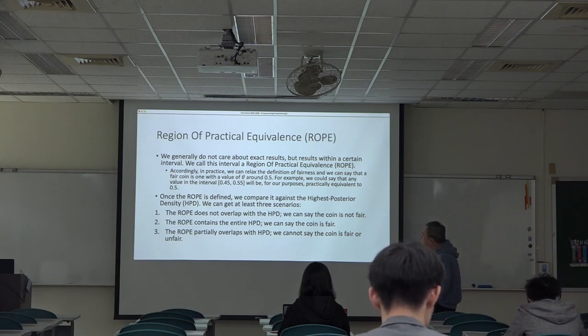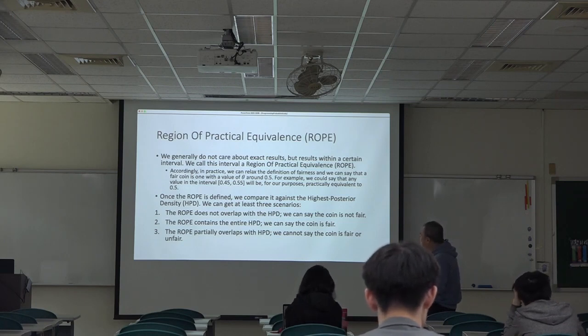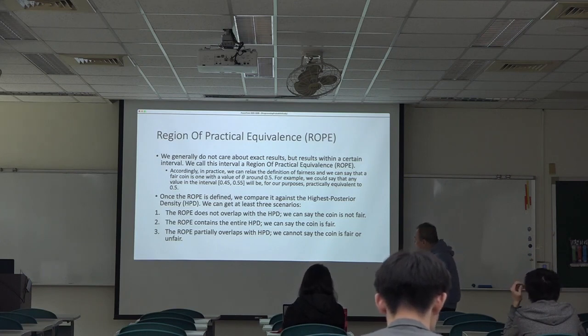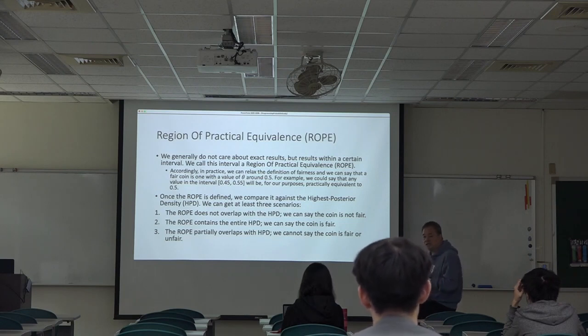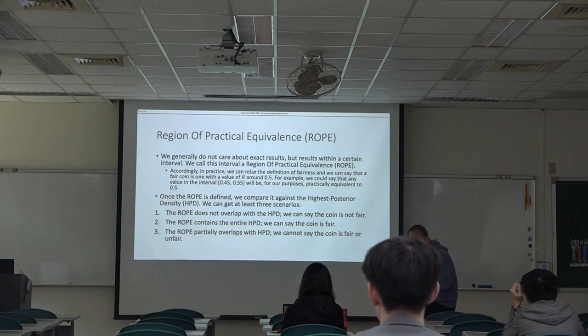We generally do not care about the exact results, but the results within a certain interval. For example, take the fair coin. Previously I said the fair coin has to have theta equal to 0.5, right?